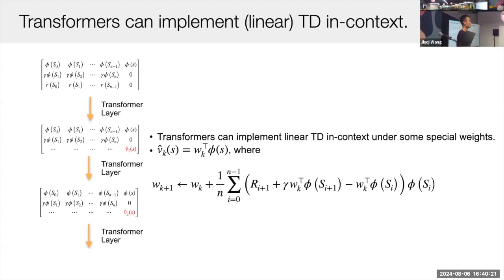What we've shown is that TD is not a gradient descent algorithm, it's not a gradient descent to any objective. So what we're proving is that it can also do TD in context and use TD to learn some weights for linear function approximation that approximates the state value of the query state.